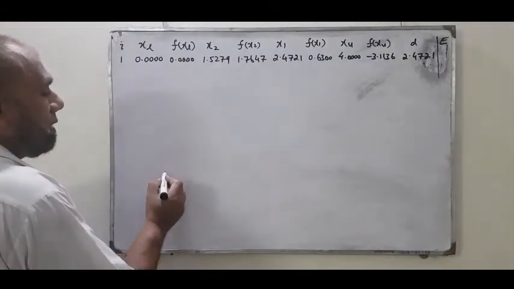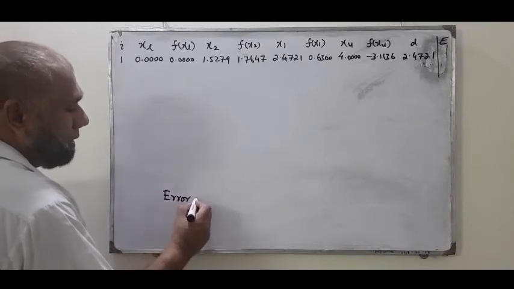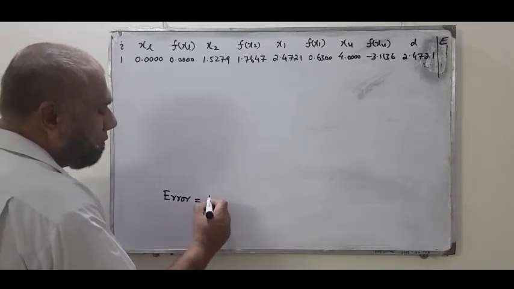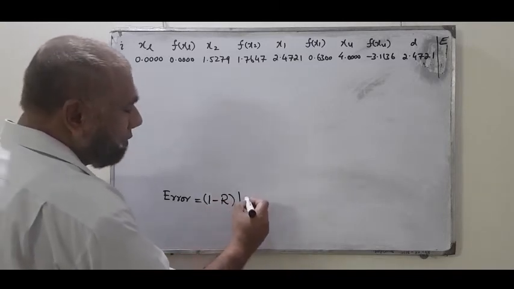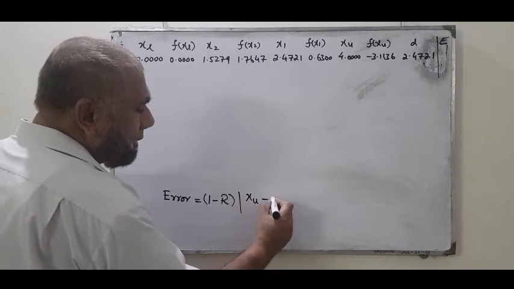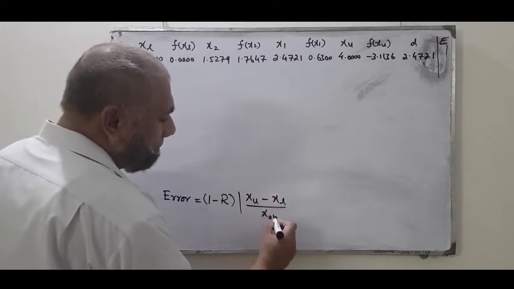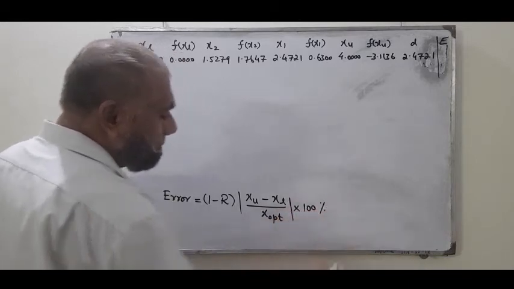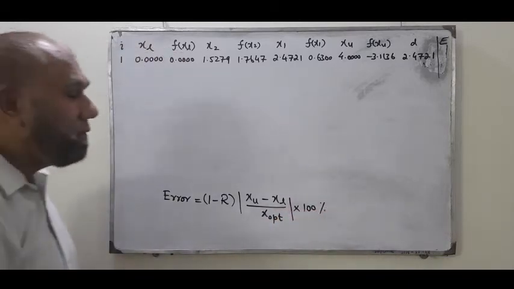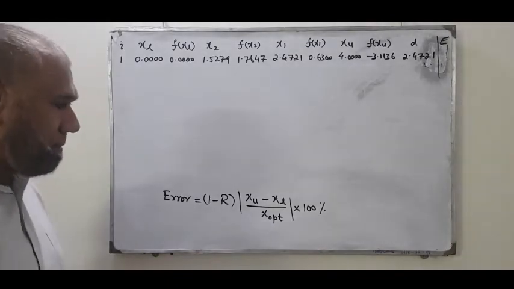The formula to calculate the error is equals to (1 minus R) into the absolute value of xu minus xl, whole divided by x optimum, into 100 for percentage. So this is the formula we use to calculate the error at each level of your work.